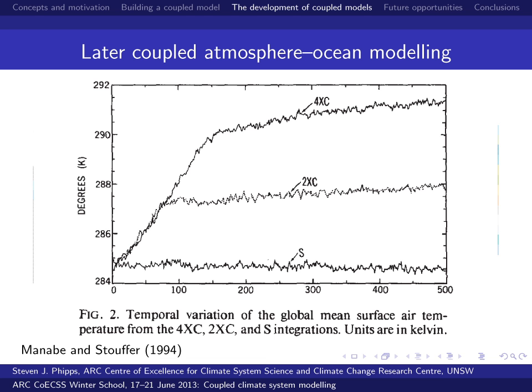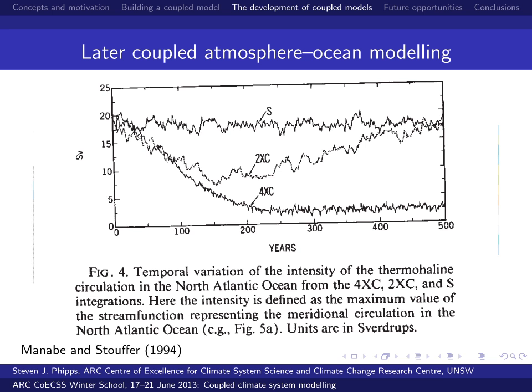And the other thing they discovered in this paper that we now know, but at the time was really new, was, like, seeing a really wonky graphic. This is actually what it looked like in the original paper. It was wonky because in these days, there was no computer typesetting. It was all done by scanning or something. So it actually looks that way in the paper. But you have this great graph, and this is the strength of the overturning circulation in the North Atlantic.